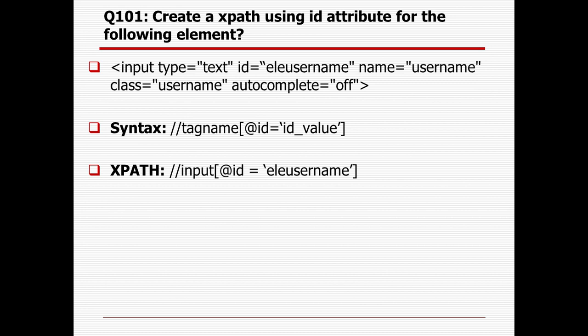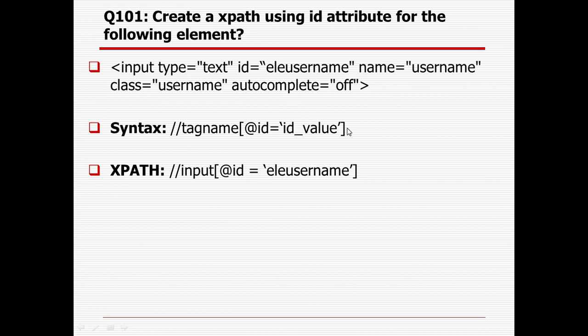How can we create an XPath using the ID attribute for the following element? Here you can see the tag is input, type is text, ID is something, name is something, class is something, and autocomplete is off. So what is the syntax for creating the XPath using the ID attribute? You can see double slash, then tag name, then square bracket, at the rate ID equal to ID value.